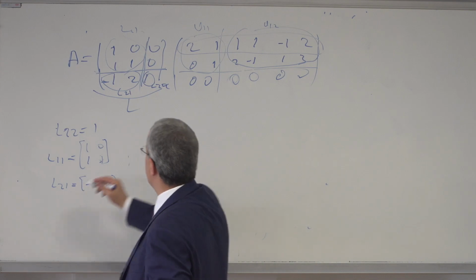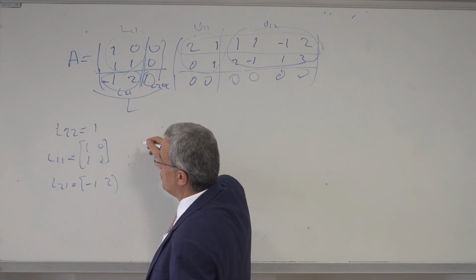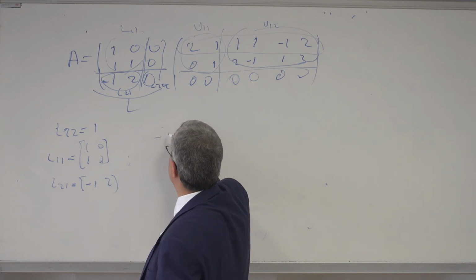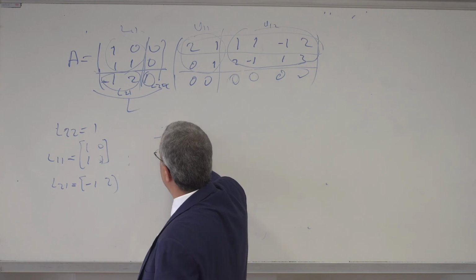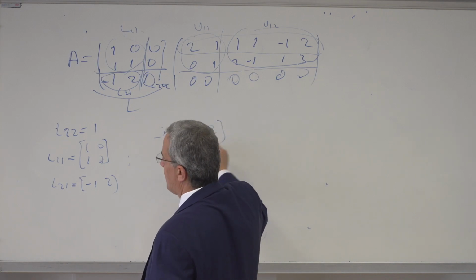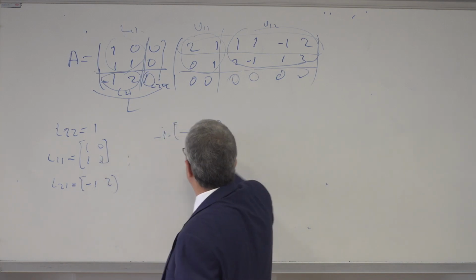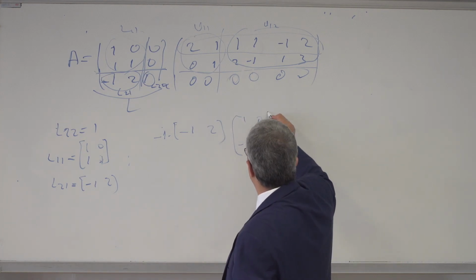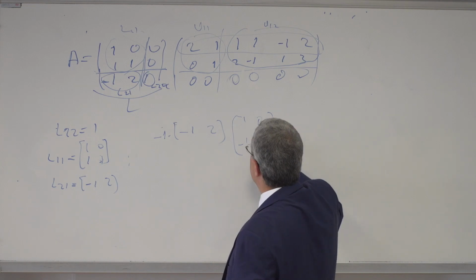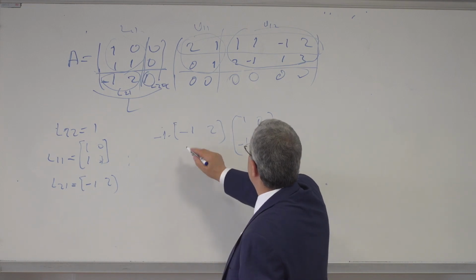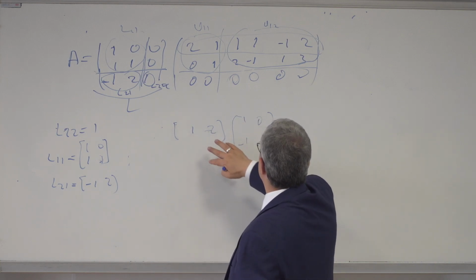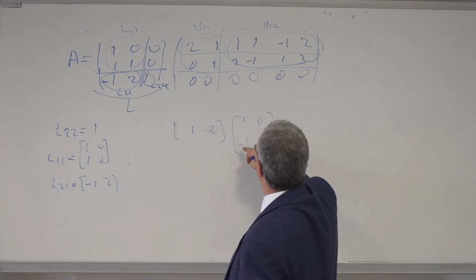So I will just do that multiplication. Minus L22 inverse is 1, so it is just 1, okay? Times L21, minus 1, 2, and L11 inverse. What is the inverse of that? 1, 1, minus 1, 0. That's it. So let's make this minus 2, so it is 1.